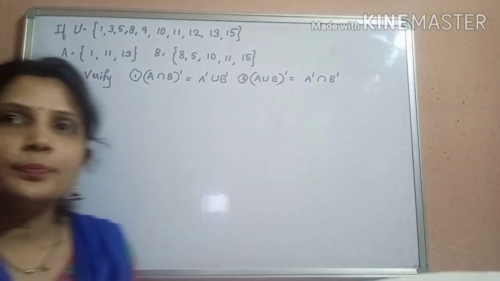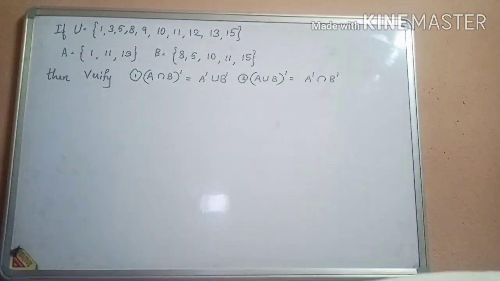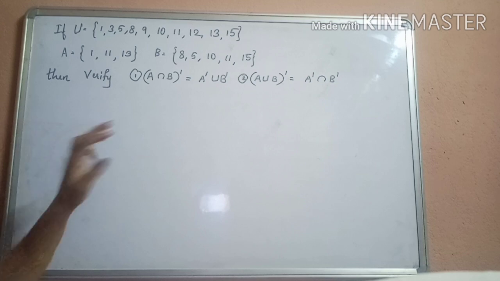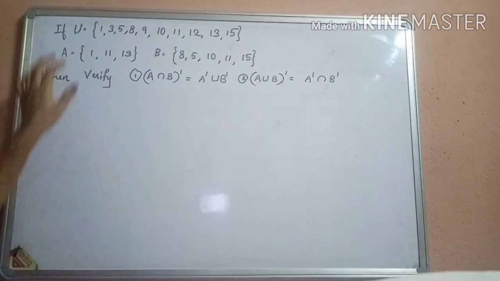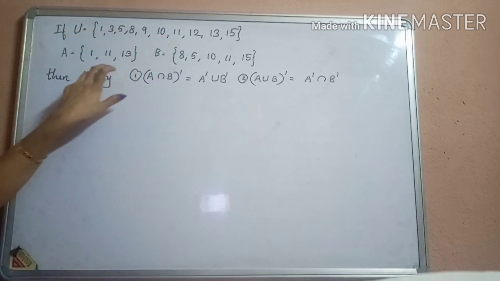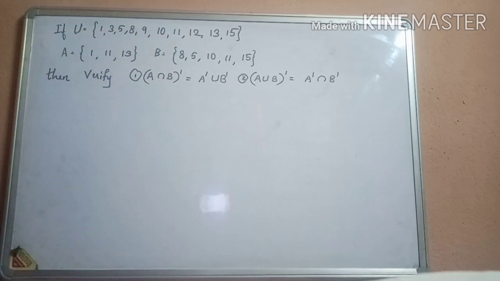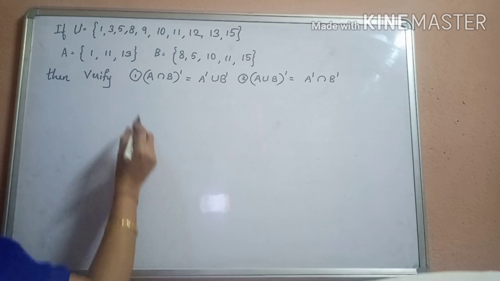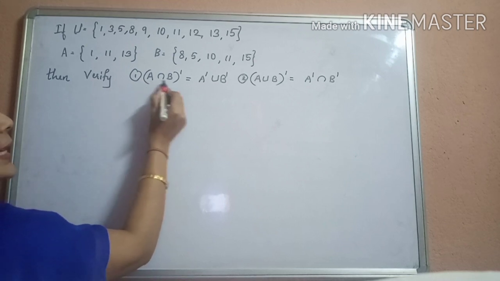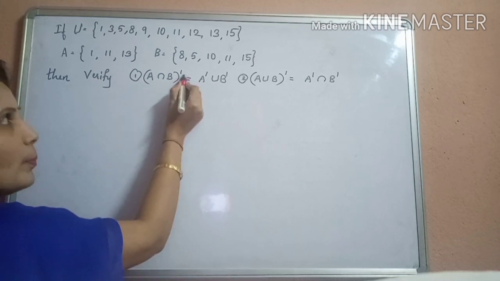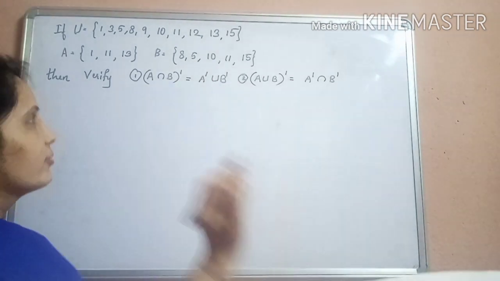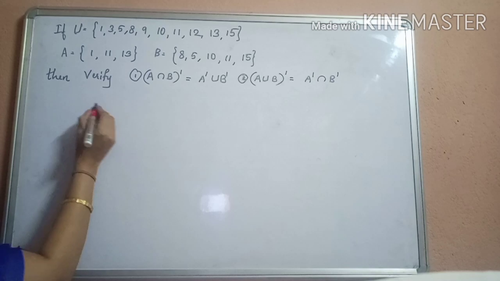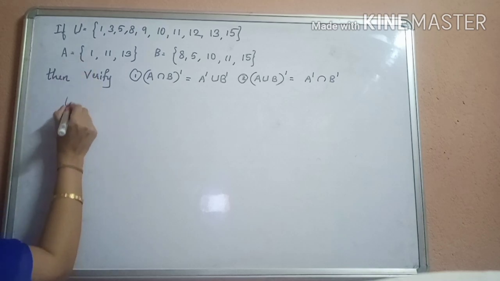Okay, now we are going to see certain verifications of two statements. They are given a universal set and two sets. You have to verify whether first one, A intersection B complement is equal to A complement union B complement. Now, how to do it? See, we know the universal set.